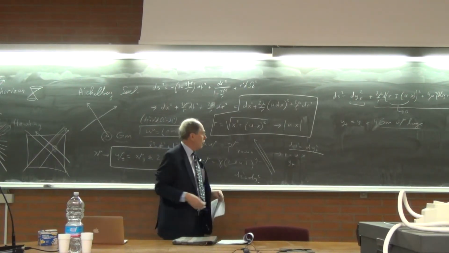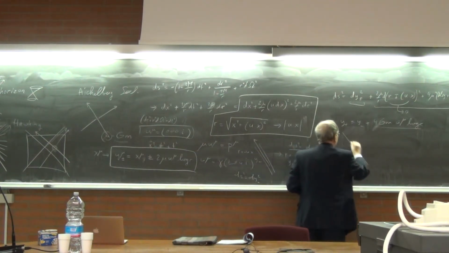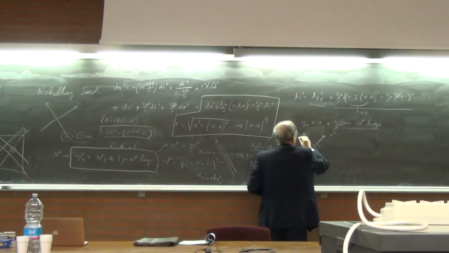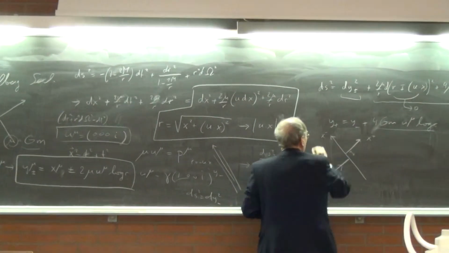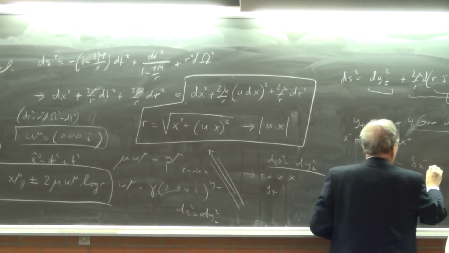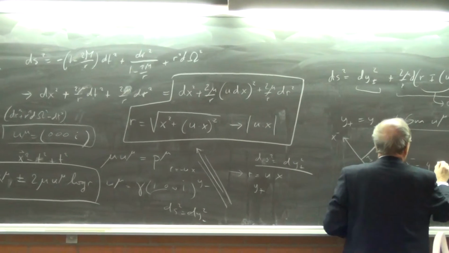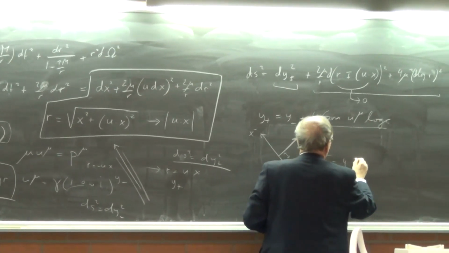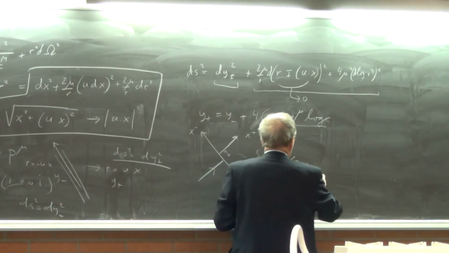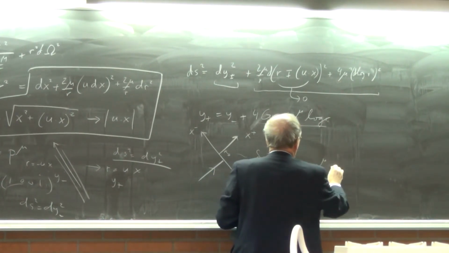So what happens now is if you have a particle going in this direction, the outgoing particle goes like this, but then it is shifted by a shift. And now I can call this the light coordinate x plus, and the light coordinate x minus. Then you see that this shift is a delta x minus, which is basically 4 G mu log r.